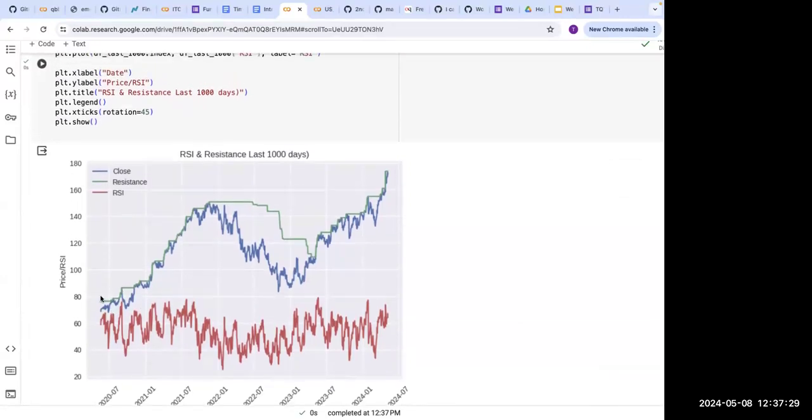Resistance, you can see, has been almost above all the points of time, and whenever it actually crossed the resistance, let's say here, it did increase a lot, right? So the resistance might have been crossed here, and then eventually your resistance value would also increase because you are taking a 150-day max at each and every point.